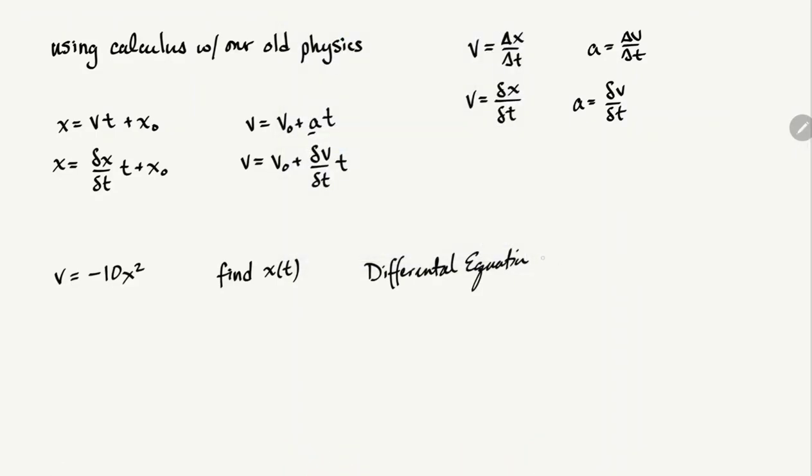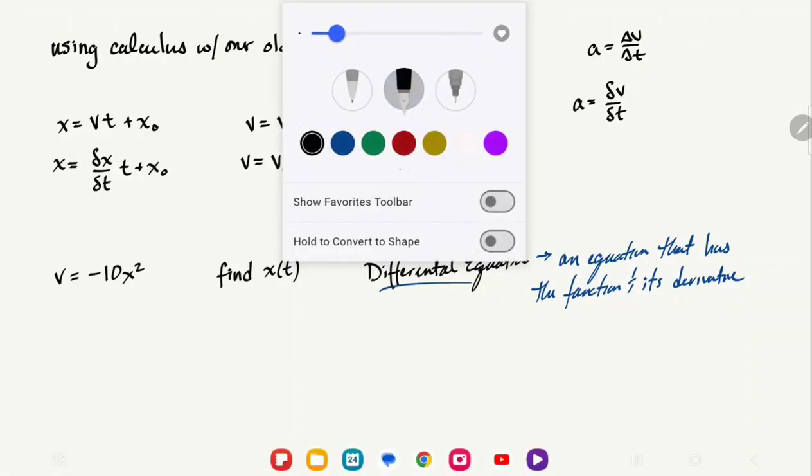So a differential equation is basically just an equation that has the function and its derivative in it. It's just a technical term. You don't really need to know it, just need to be able to do it.